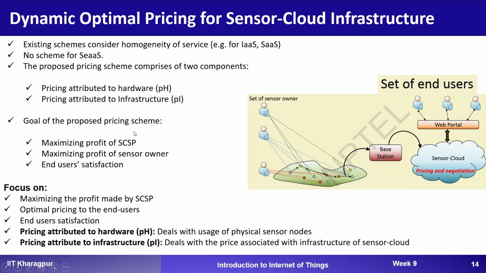The goal, as I have mentioned, is to maximize the profit of your SCSP, which is responsible for managing various services provided by your sensor cloud, maximize the profit of your sensor owners who deploy their sensors, and maximize the satisfaction of your end user. So this focuses on maximizing the profit made by the SCSP, optimal pricing for your end user, and end user satisfaction.